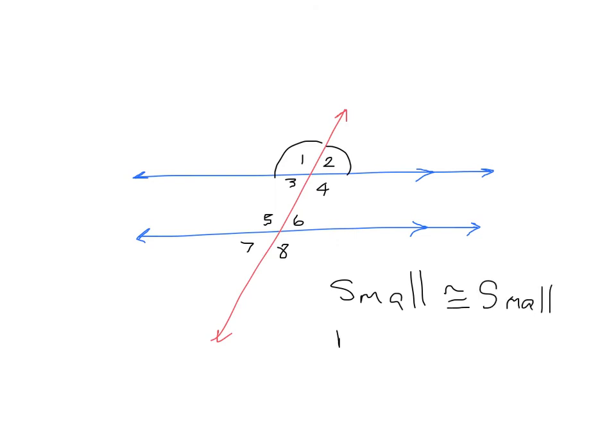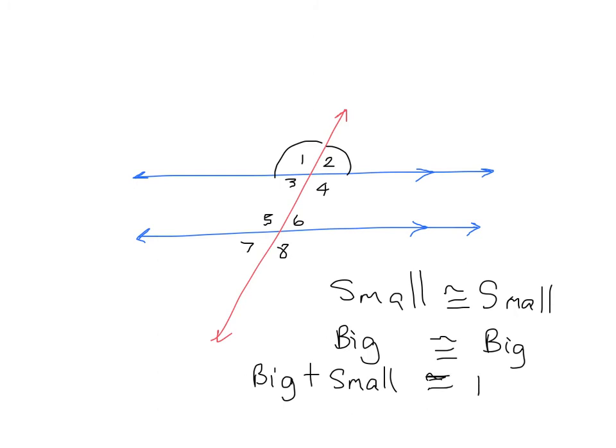And every big angle will be congruent to every big angle. And when you take a big angle and you add a small angle, you will always get 180 degrees when you add the measures. So that's a quick trick, but you still do need to know the terms, alternate interior, consecutive, and so forth. But when you are doing a problem quickly, you can go to this to help you.